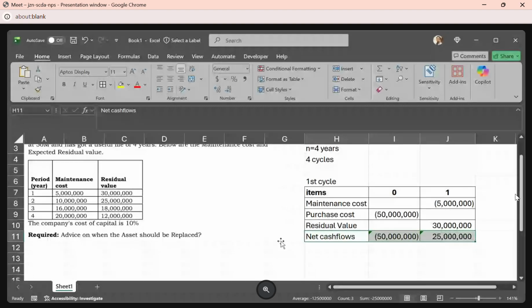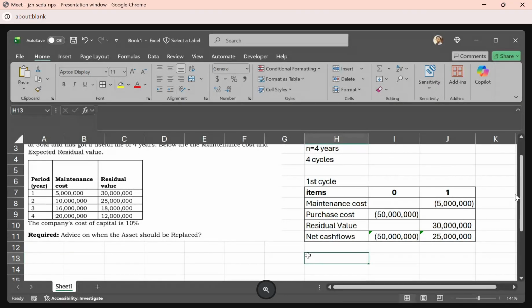And we are also going to discount them. Present value interest factor, at a cost of 10%. So for year 0, it will be 1 plus 10% power 0, which becomes 1.